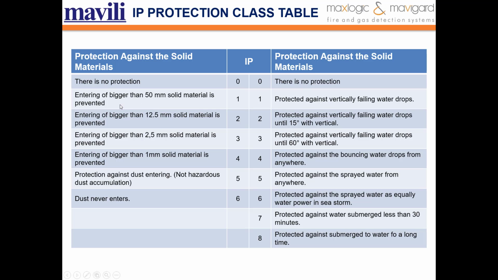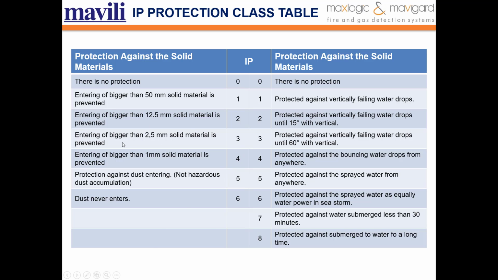If it is 1 for the first digit, it means entering of solid objects bigger than 50 millimeter is prevented. For the second number, that means entering of solid objects bigger than 12.5 millimeter is prevented.